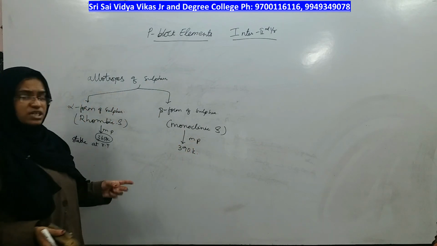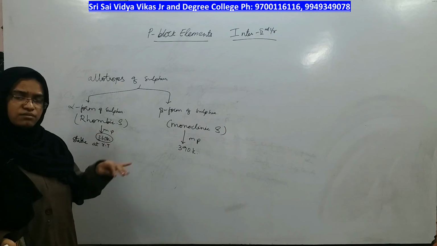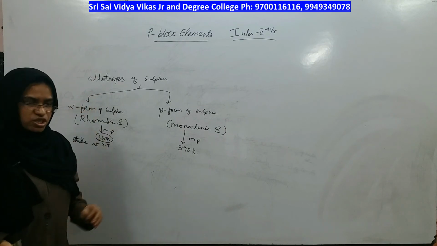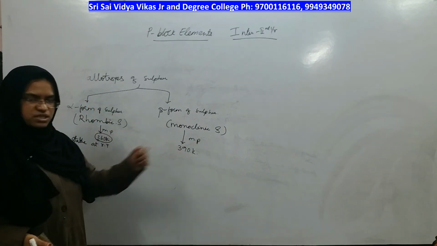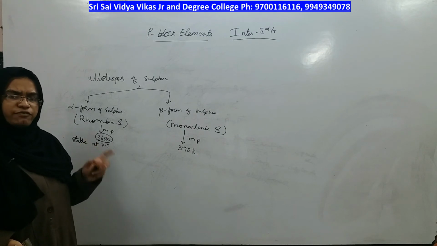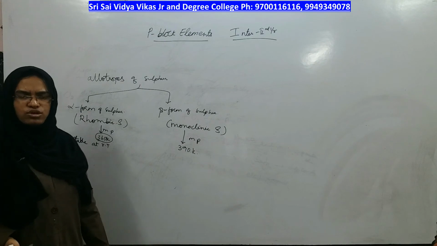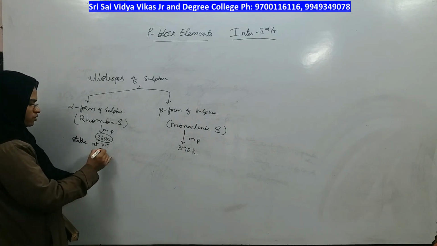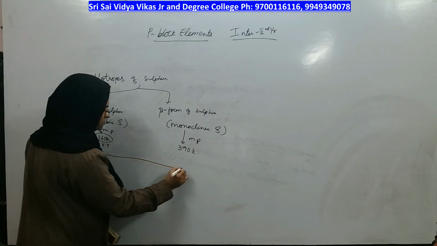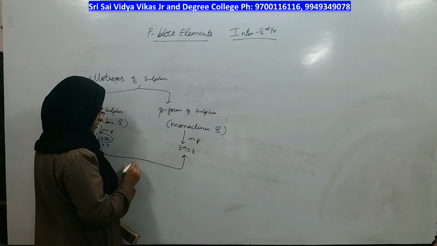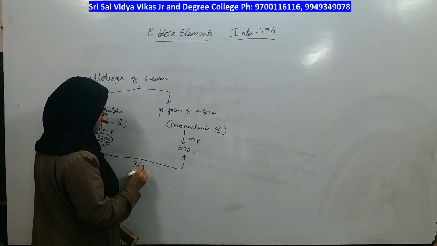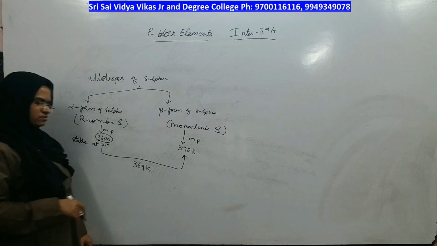Monoclinic sulfur is stable at a higher temperature, which is around this. That means if you want to convert rhombic sulfur into monoclinic sulfur, you have to heat it till 369 Kelvin.